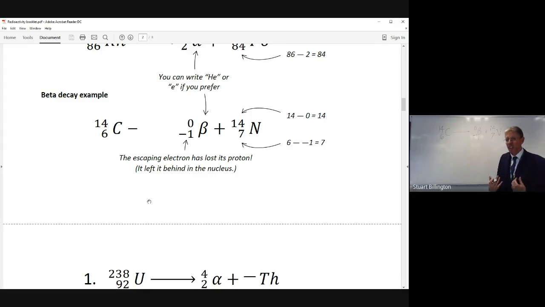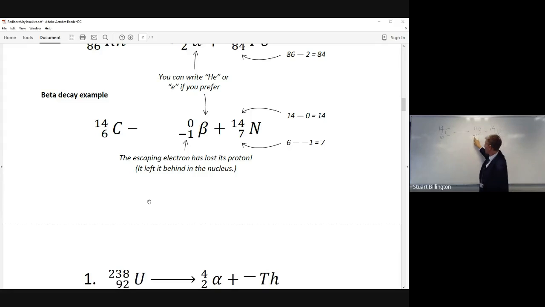Now, personally, I think that's really hard to remember, 0 minus 1. So I don't even try to remember that. I just remember that the protons go up by 1. And then I figure this bit out later just to make it work. I think, oh, 14 and 14, they're the same, so that must be 0.